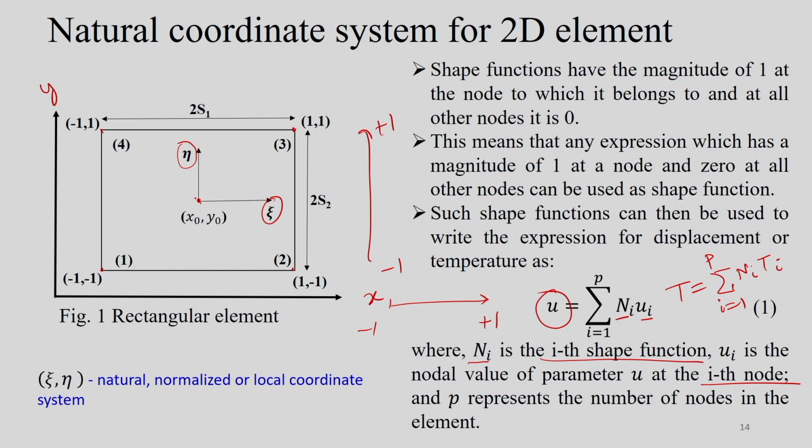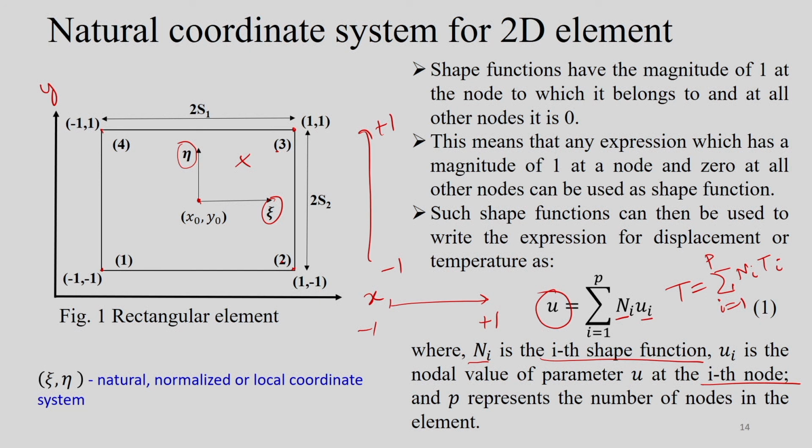Accordingly we can define the node numbers 1, 2, 3, 4 for this element, and with respect to that coordinate system the node coordinates are (-1, -1), (1, -1), (1, 1), (-1, 1). Accordingly we can decide this mapping.